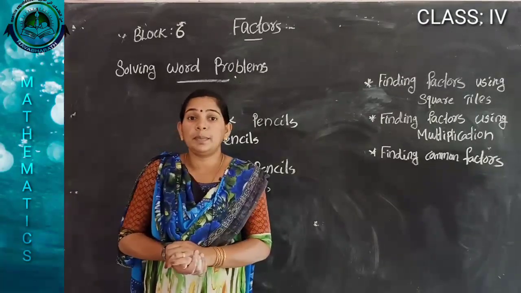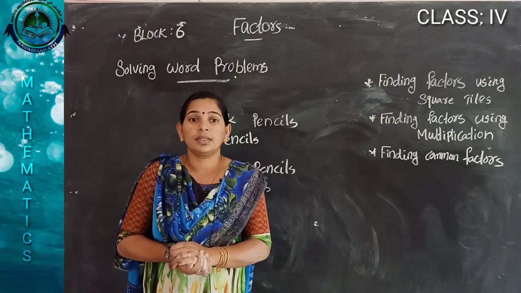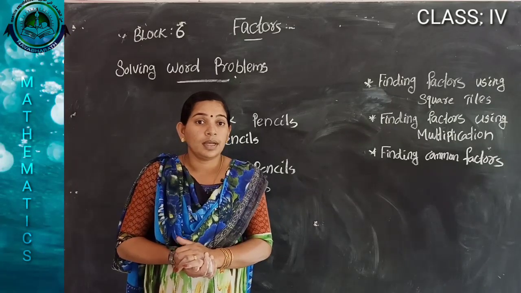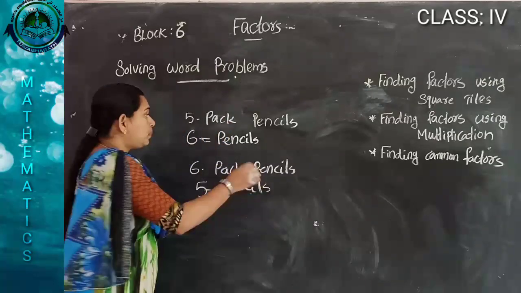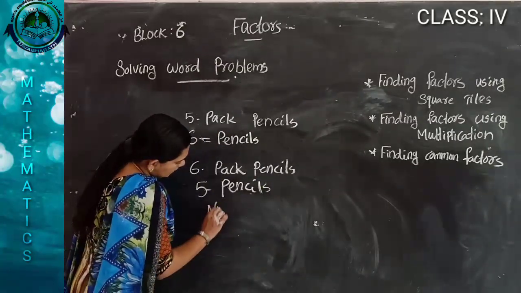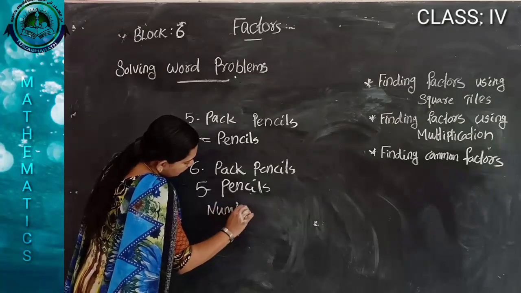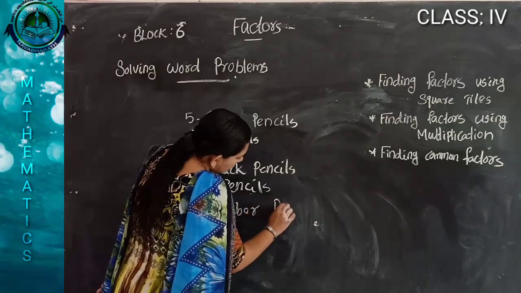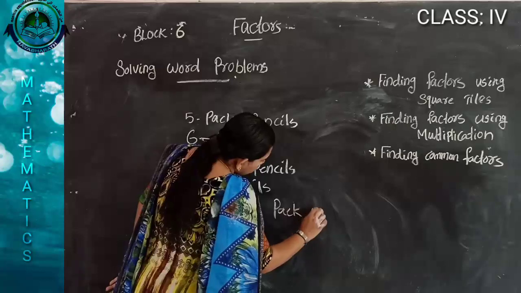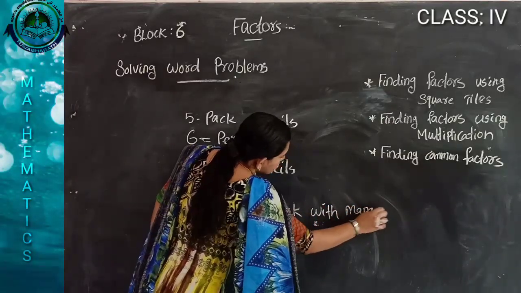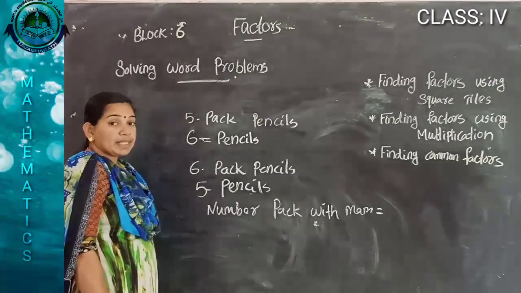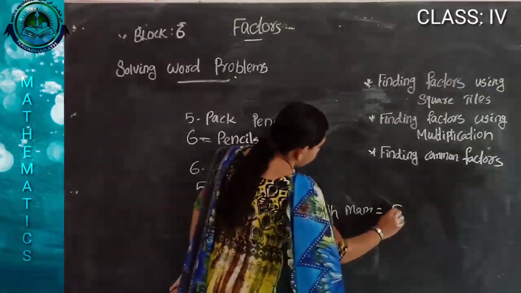Then what is the first step? Ma'am has the number of packs. In my hand, how many packs are there? 5 packs.